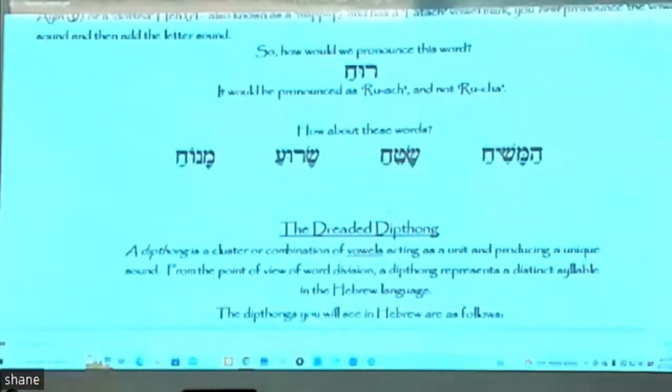Okay, the question I wanted to ask is, on the furtive patach, when you have it under an ayin, there's nothing to flip around. There isn't anything to flip around because it's a silent letter. Right. Okay? That's why I was confused about it. Well, just know that you're going to pronounce it as ah.